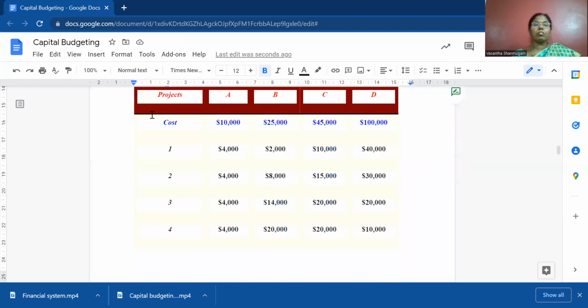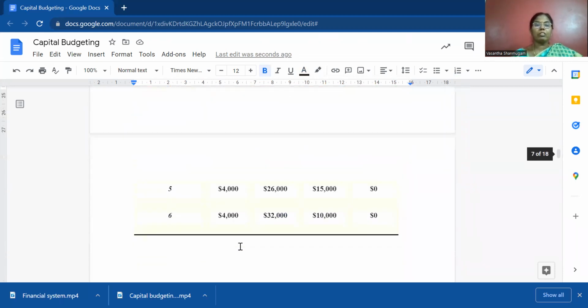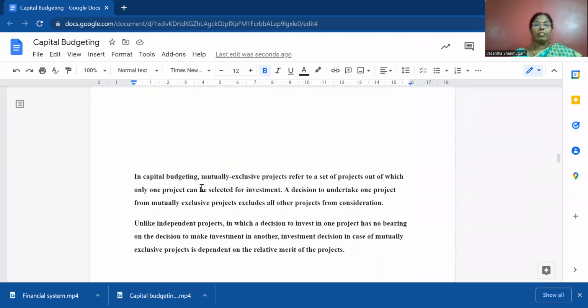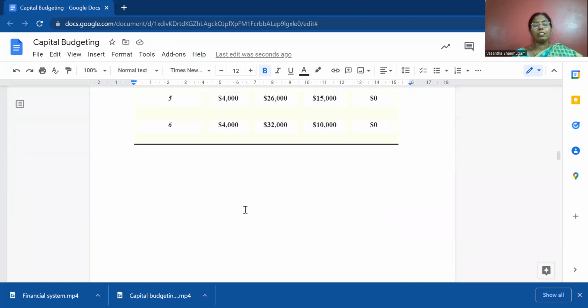Here you can see cost price, it's given: project A, project B, project C, project D. Here you can see all the things are given. In case of mutually exclusive projects, we have seen last class that there are 2 types of investment proposal: mutually exclusive project and independent project. Independent project means both the projects can be accepted.